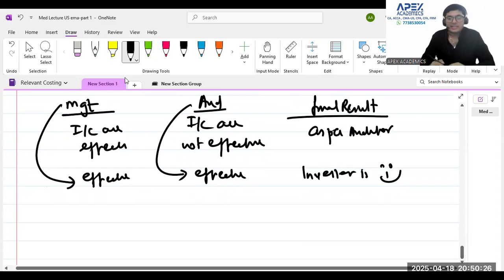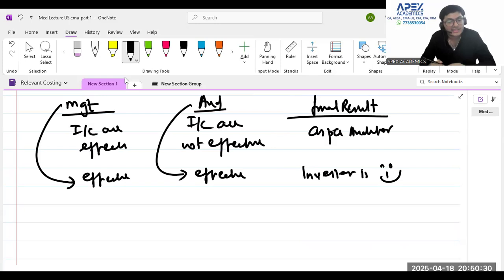Now, please try to understand that if there are any disagreements between the management and the auditor, the same have to be described or included in the report. Of whom? Of the auditor.